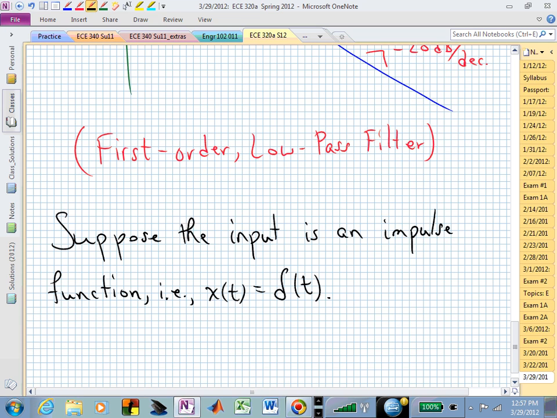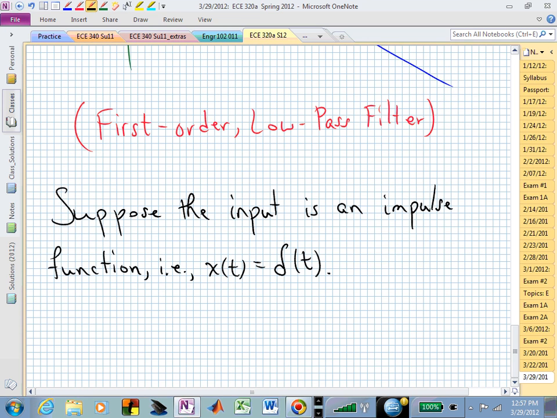That is, x of t is delta of t. If our input is an impulse, what is the Laplace transform of an impulse? Replace x of t in the definition of the Laplace domain integral.